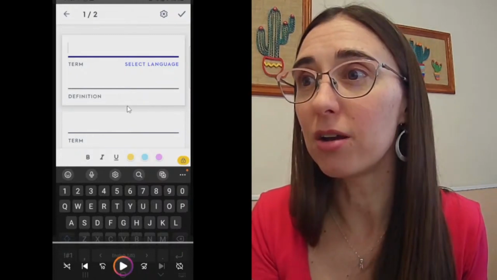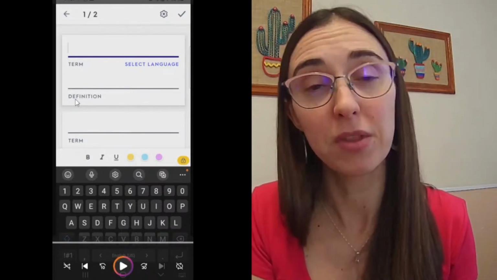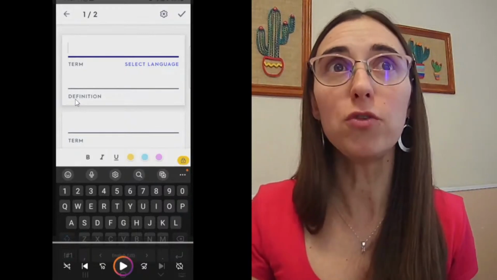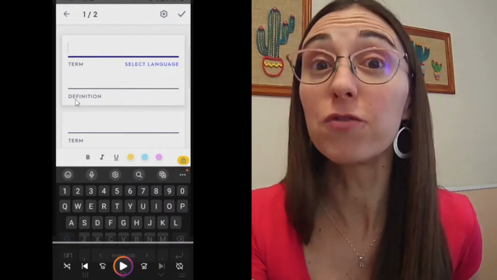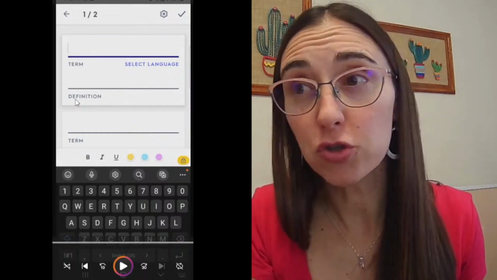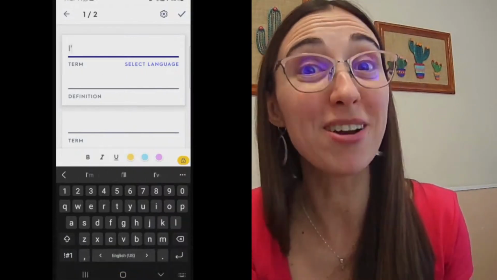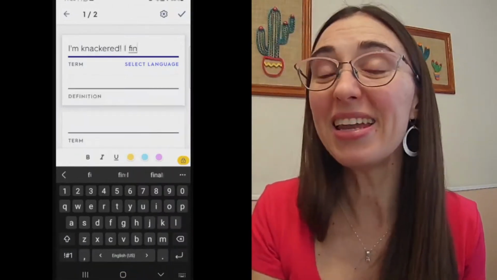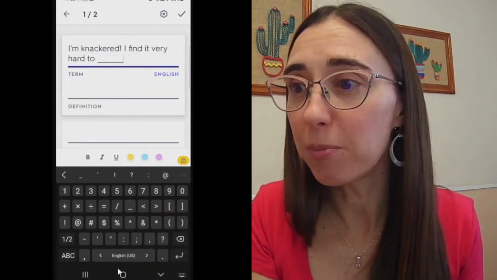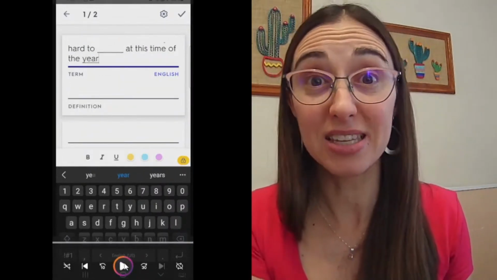Then you have here to complete the term and the definition. If you want to internalize these expressions, for example, meet a deadline, what I recommend you to do is to type the example there. Remember, it should be personal. And then leave a gap for the part where you have to complete with meet a deadline.